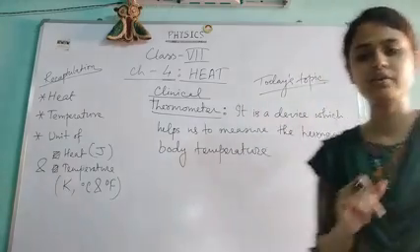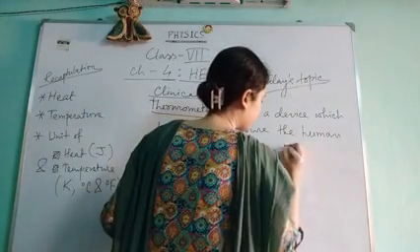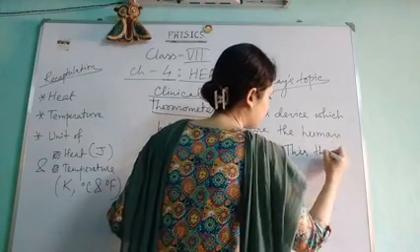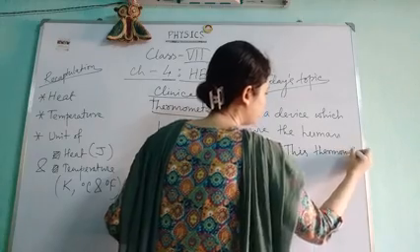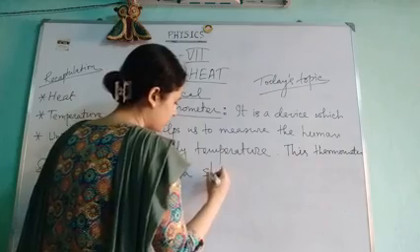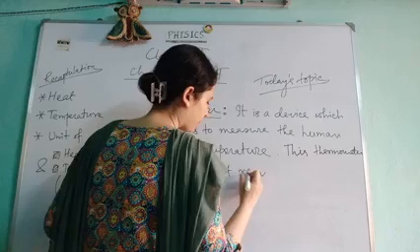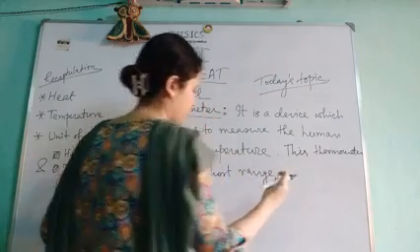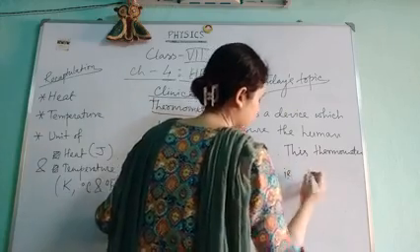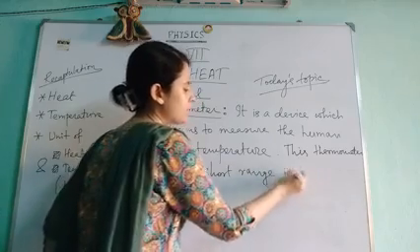So what is the range of the thermometer? So write it down. This thermometer has a short range. That is, small i dot, small e dot, it represents that is.